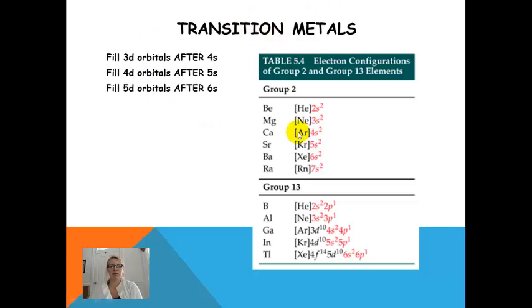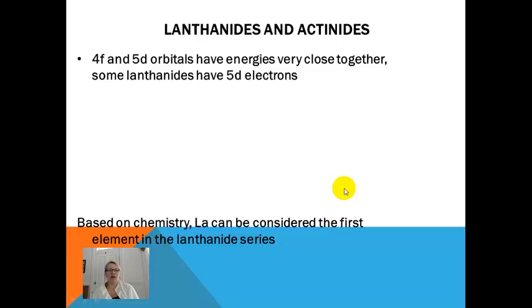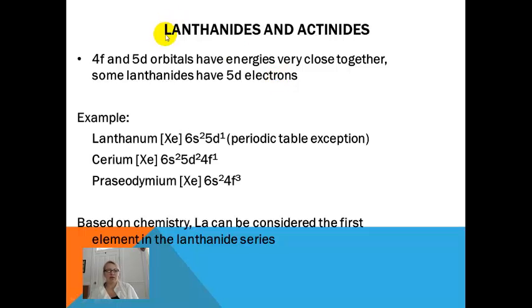And some important exceptions. For transition metals, remember 3d always fills after 4s, same with 4d and 5d. In the lanthanides and actinides, the 4f and the 5d are very close in energy. So some lanthanides have 5d electrons, and we'll talk about that a little more. For example, lanthanum, even though it's located in the lanthanides, actually has a 5d electron.